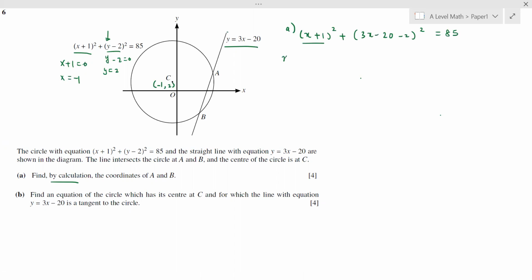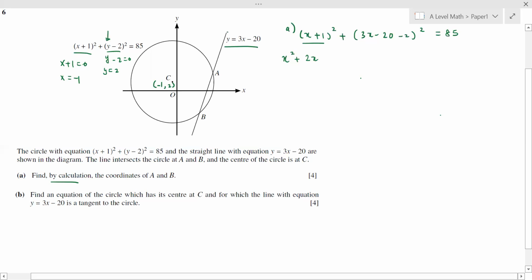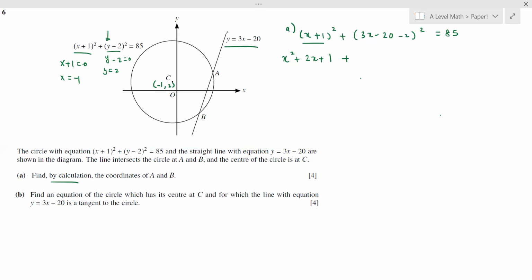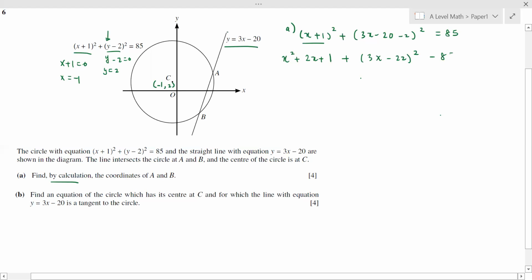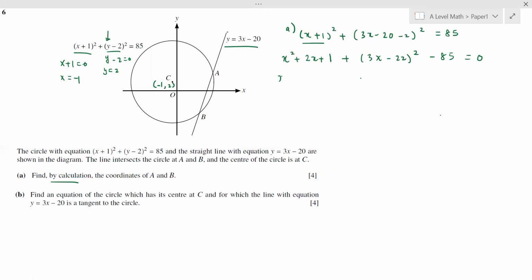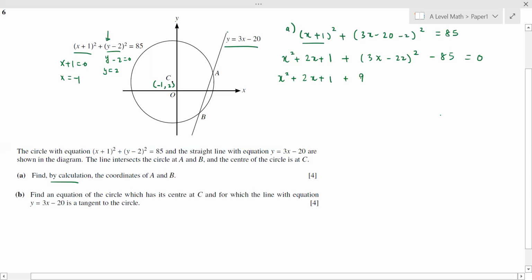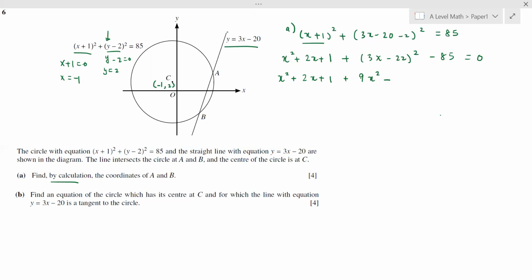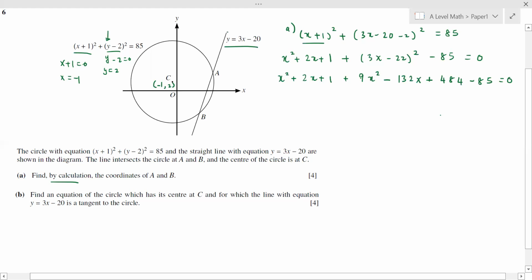When we expand this, we have x² + 2x + 1, and this is (3x − 22)². We can bring the 85 over to the left. Then expanding the second binomial, that would be 9x² minus 132x, and then 22 squared is 484, minus 85 equals 0.